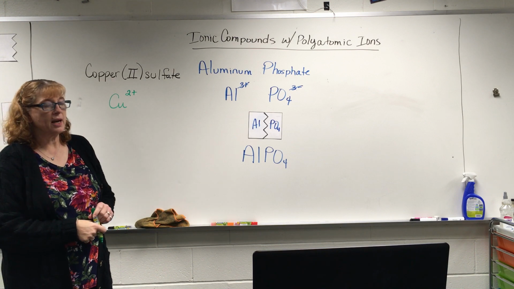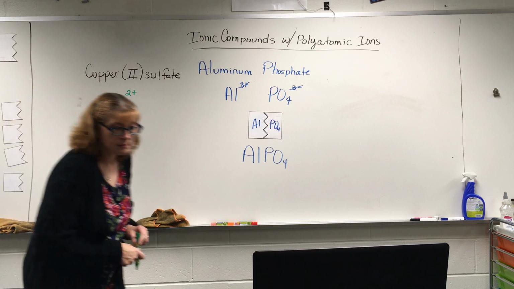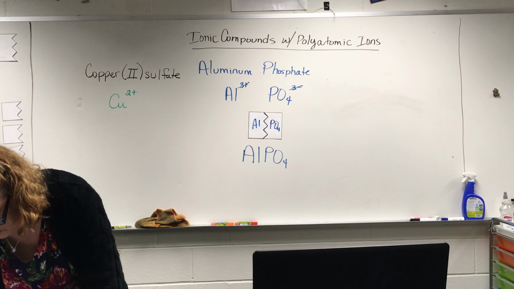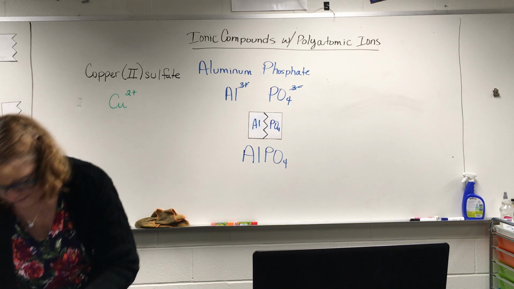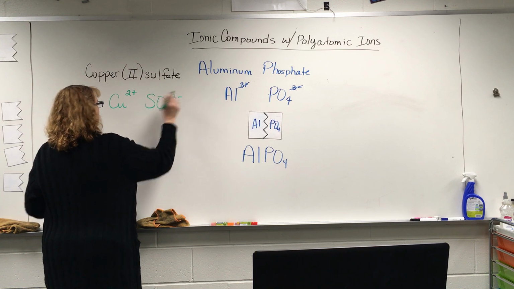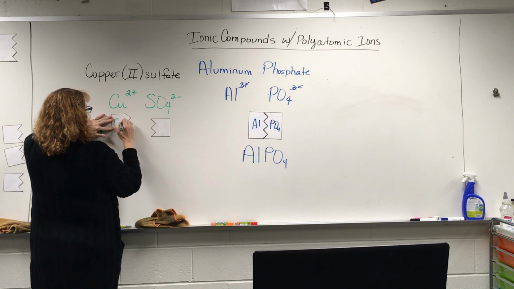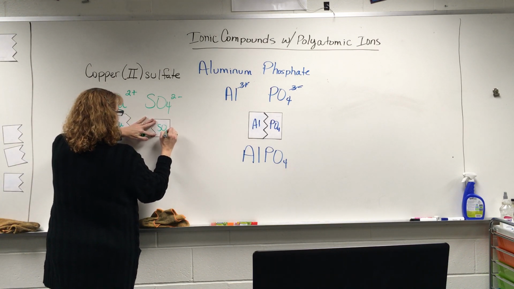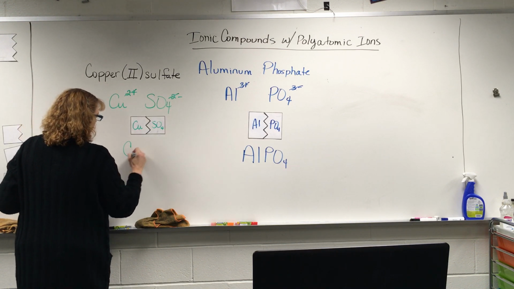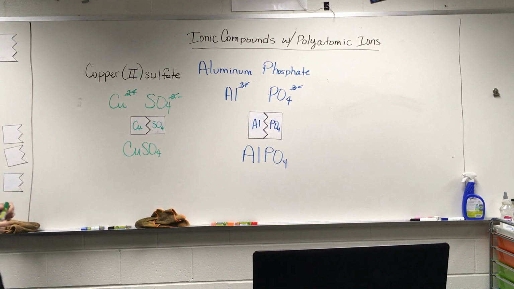What is the formula and charge of sulfate? SO4 with a -2 charge. Correct. So, once again, just like the other one, your charges cancel out, so you get CuSO4. Okay?